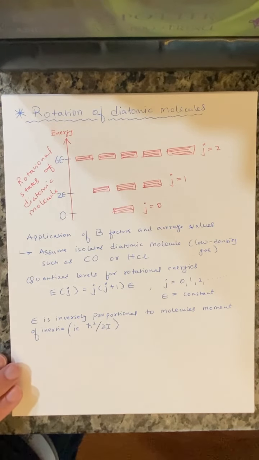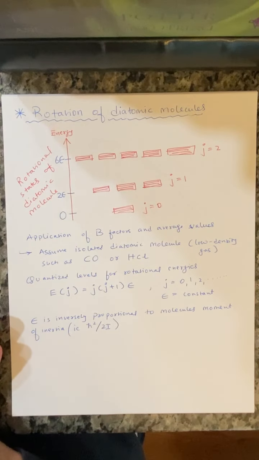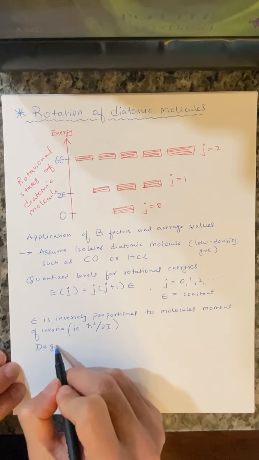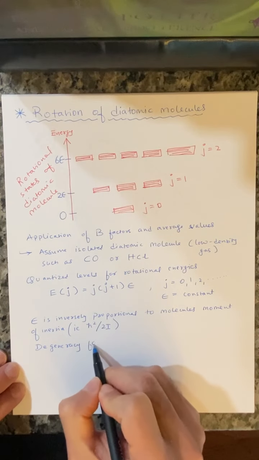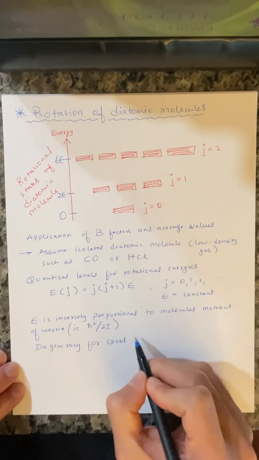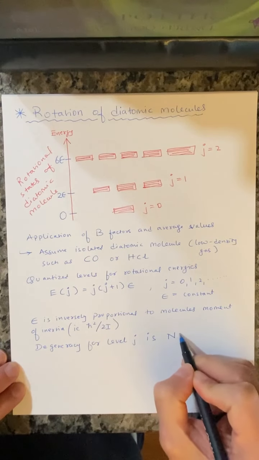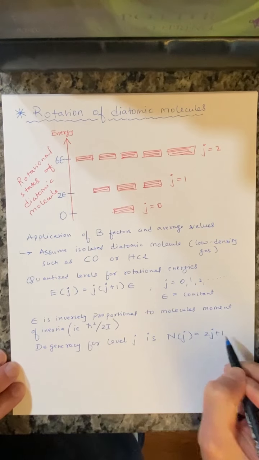In this system, the degeneracy, you all understand degeneracy as well, I believe, right? In this case, the degeneracy for level J is given by n of J equals 2J plus 1.